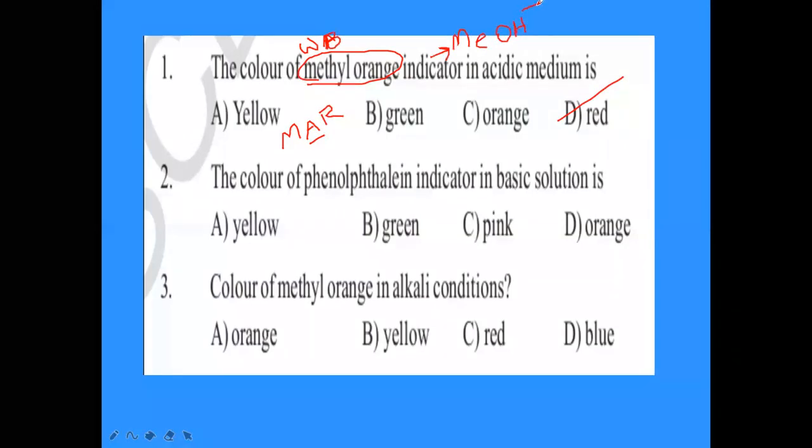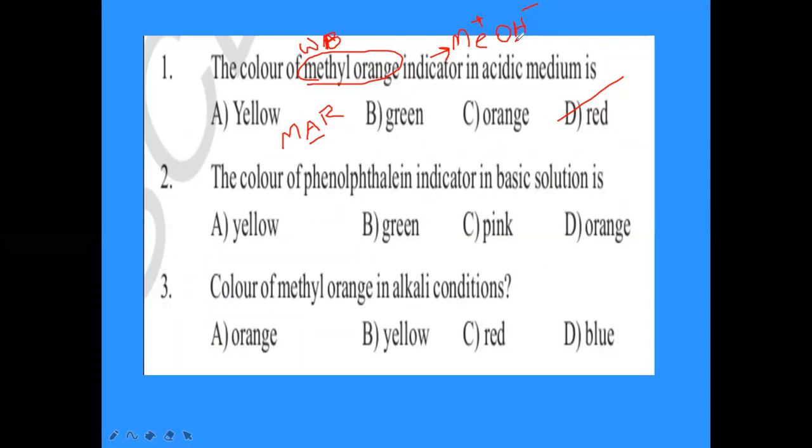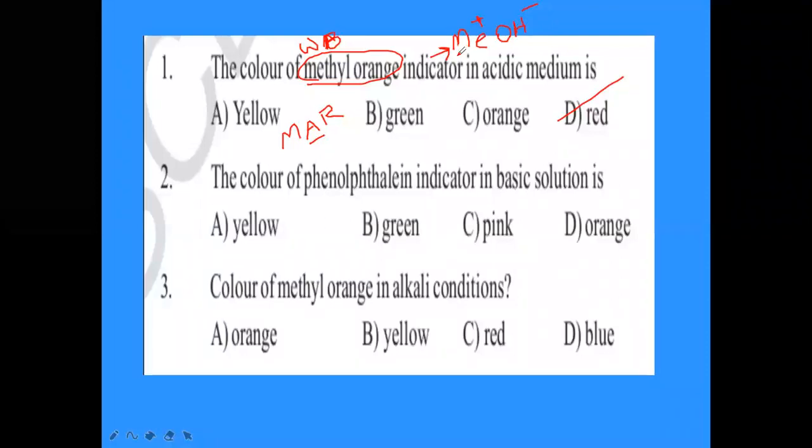So here Me plus cation and OH minus anion will be produced. Like NaOH will produce Na plus and OH minus, like that here methyl orange gives Me plus and OH minus. Me means some complex ion. It's not a simple element like Na. It is some cation, remember this one. So like this, this is MeOH.